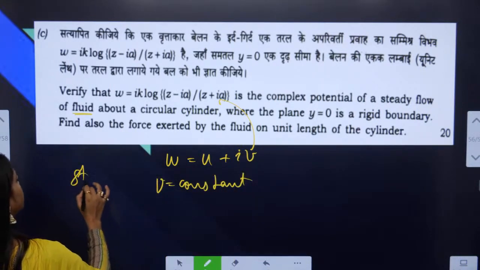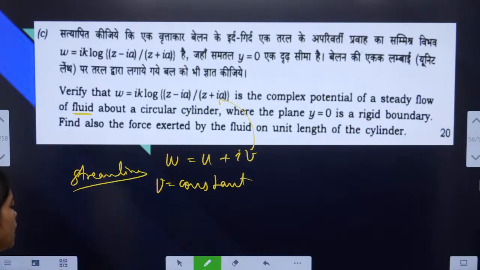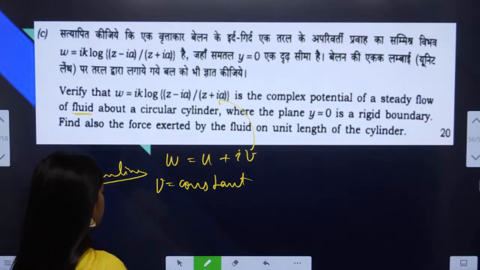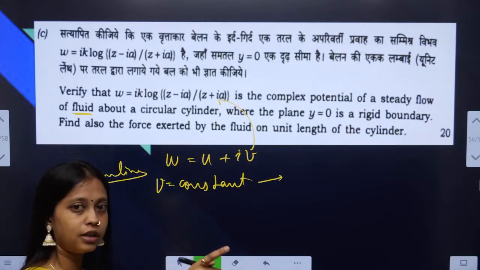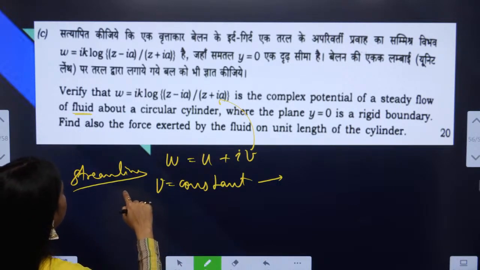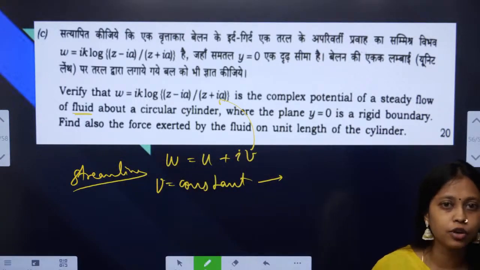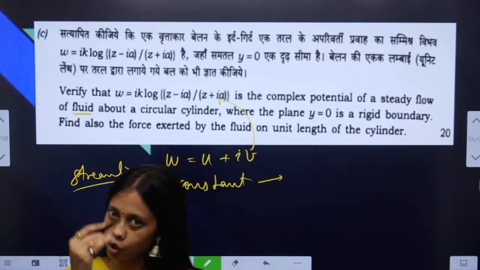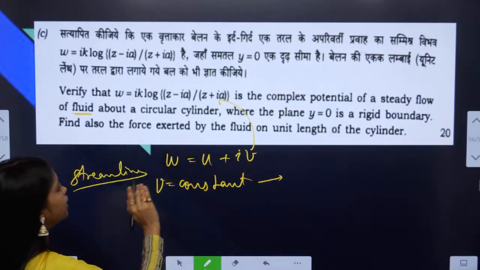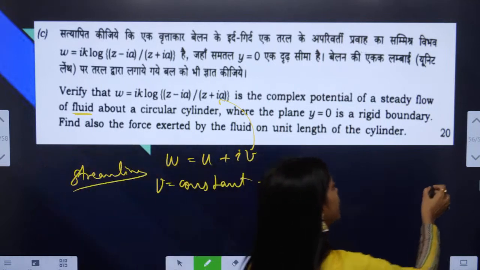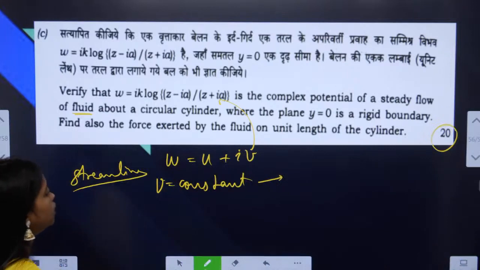Once you have the value of v, you can get the nature of the circles, and then find the force with the formula. It again requires sequential use of formulas. Use those formulas and get the answer. Again, it was for 20 marks, and it was a lengthy question for fluid dynamics.